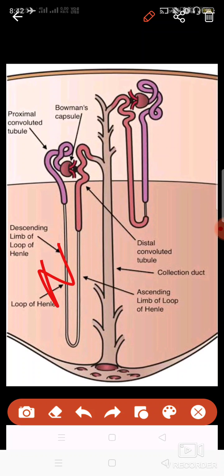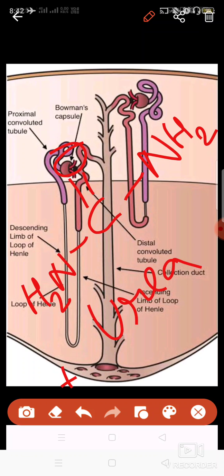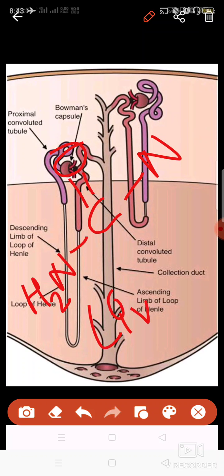So these two things combine to form one less harmful substance, which is known as urea, NH2CONH2. And water vapors are also released. This process occurs in the liver cells. These liver cells convert the ammonia into urea by using the carbon dioxide, and water vapors are released.